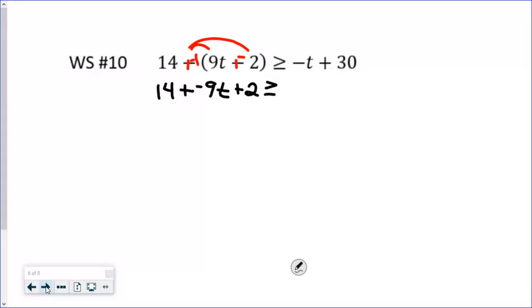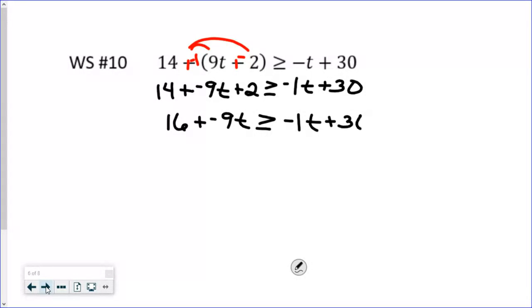If you want to, this negative t, make it a negative 1t so you don't forget how many t's are really being represented. Okay, now 14 plus 2 is 16, just combining like terms and copying the rest down.